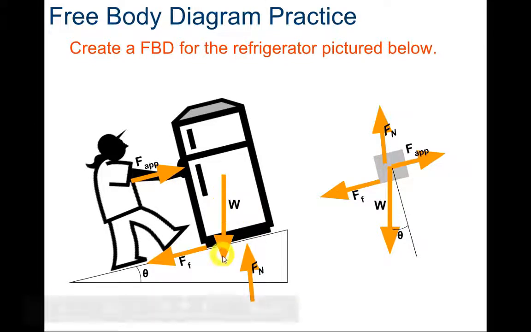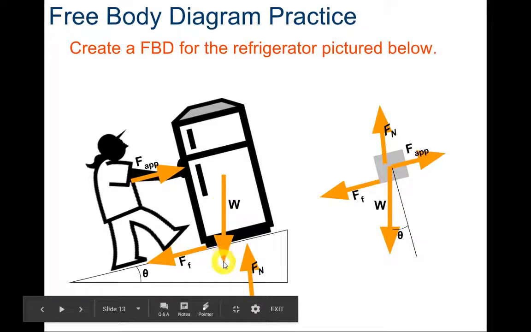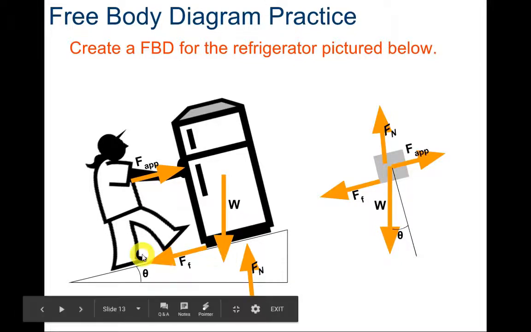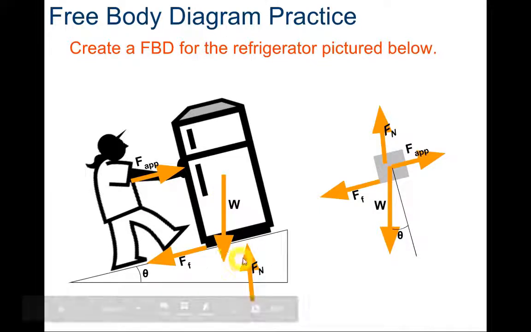Notice it's pushing straight down, even though he's on a ramp. Gravity always pulls straight down, right? We have a frictional force pushing back, and we have a normal force pushing back up at the angle of the ramp. Notice it's not pushing straight up like the weight of the refrigerator.